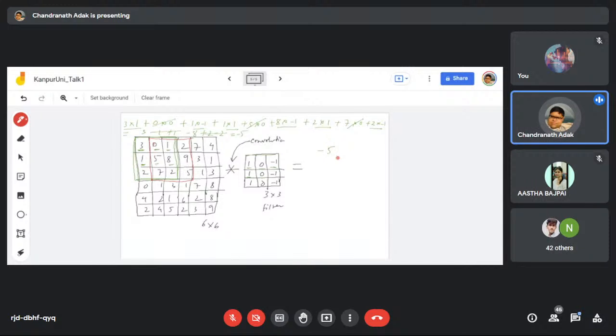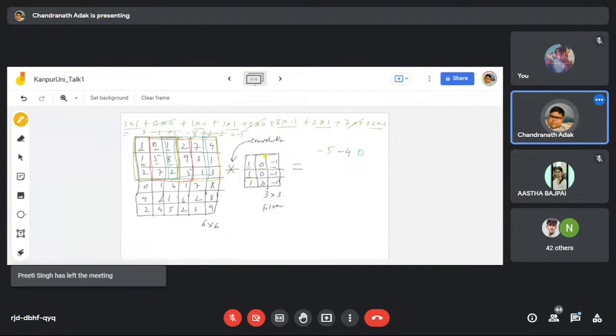I have already calculated to save some time: this I will get minus 4. Then if I slide one position, this blue color box convolved with the 3 cross 3 filter gives 0.